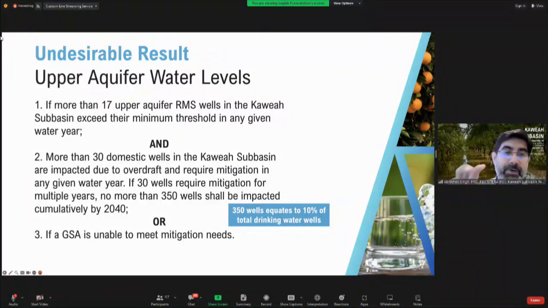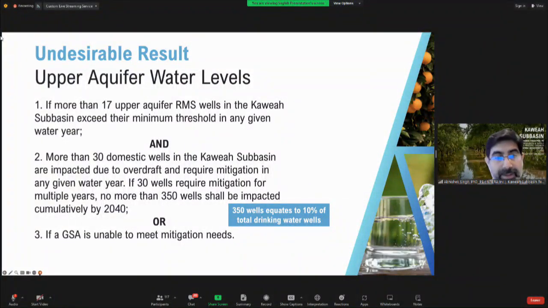And then finally, we also link the undesirable result to the GSA's ability to mitigate those impacts. So not only are we accounting for exceedance of minimum thresholds at monitoring wells, we're also accounting for potential impacts and the GSA's ability to address those impacts.